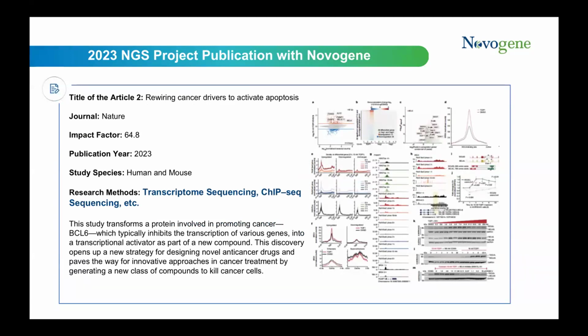This study transformed a protein involved in promoting cancer, BCL6, which typically inhibits the transcription of various genes, into a transcriptional activator as part of a new compound. This discovery opens up a new strategy for designing novel anti-cancer drugs and a pathway for innovative approaches in cancer treatment by generating a new class of compounds to kill cancer cells.